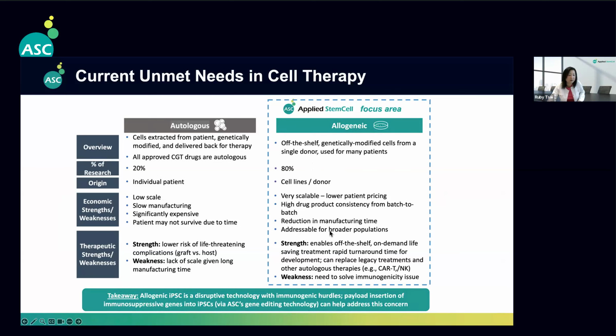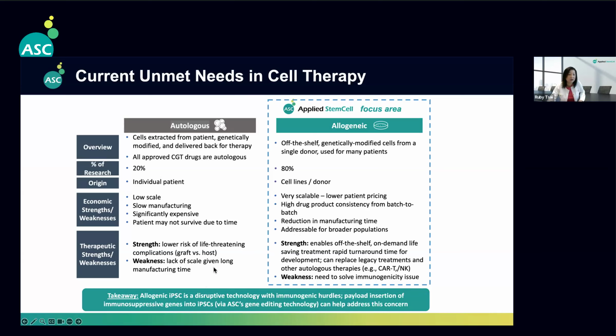Talking about life-saving is because for autologous, patients have to wait for the cells to be made, and patients don't have time. So what we want is that these cells are in the freezer, you take out a vial, and the patients can be treated, right? So this is really, I think, the future. I think that's everybody's dream, really.